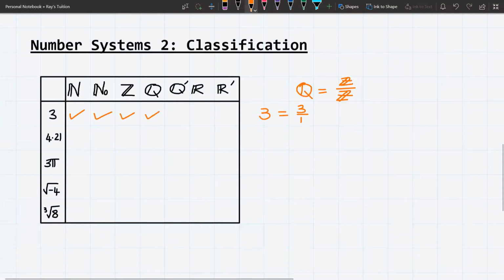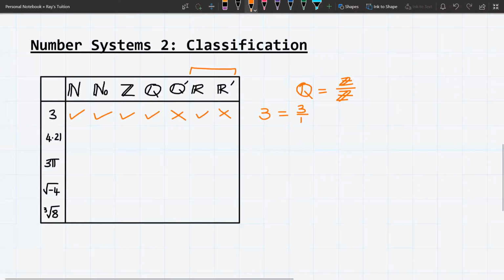What you need to know is that a number can never be rational and irrational. It's always one or the other. So if we've ticked rational, immediately it is not an irrational number. All of these are real. If you have ticked any one of these from natural to irrational, then it is a real number. And once again, if it is a real number, then it cannot be a non-real number.